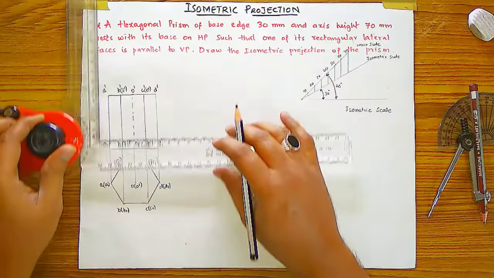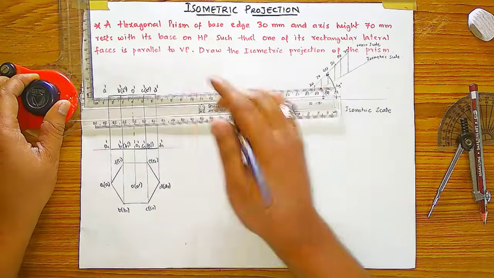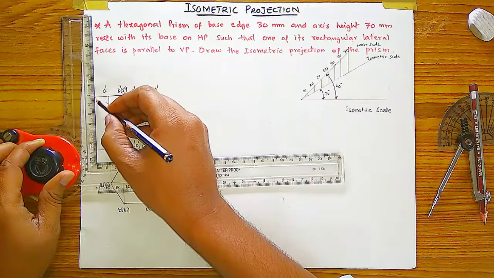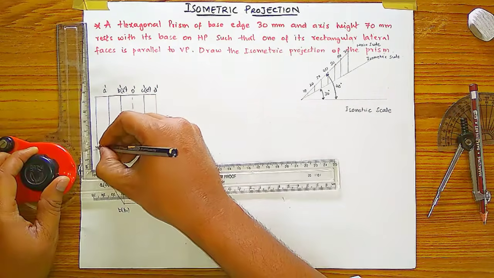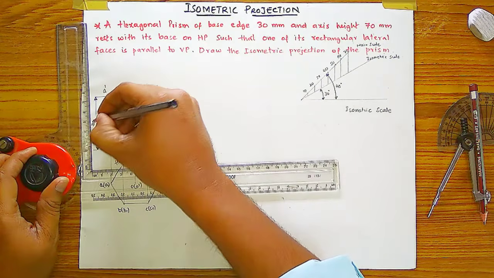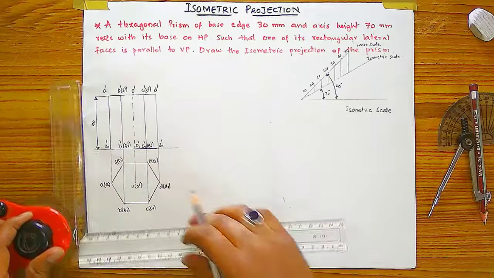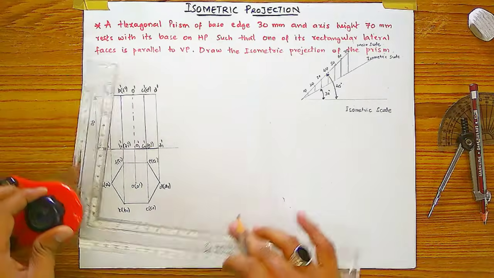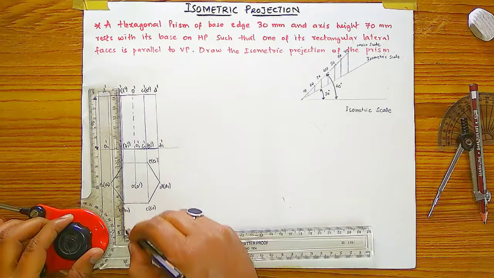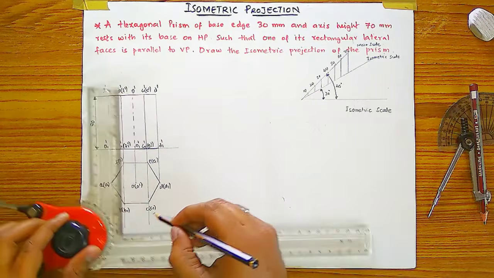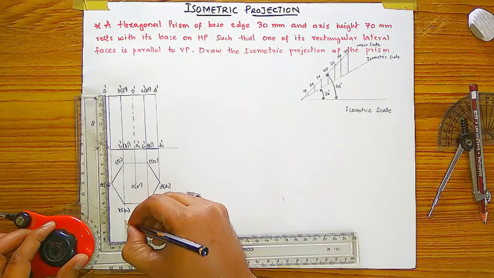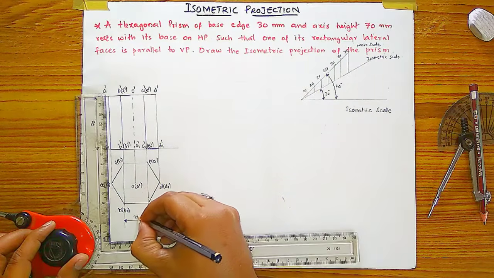And show the dimensions as given in the question. From here the prism axis height is 70 mm, so show it as 70. And for the hexagon you have a 30 mm side, so any one of these sides you can show, taking the extension line from this side and a dimensioning line like this, and show 30 mm.